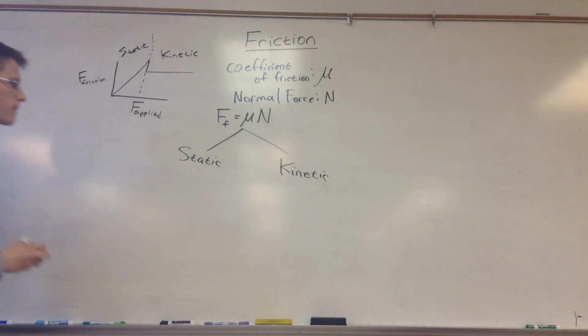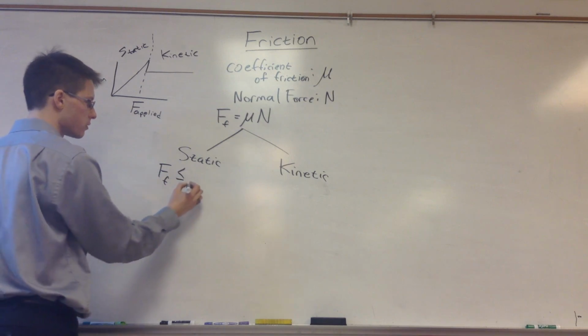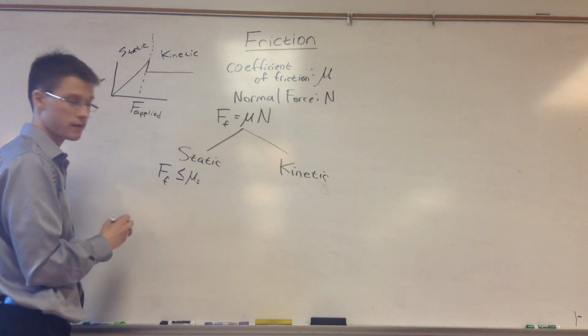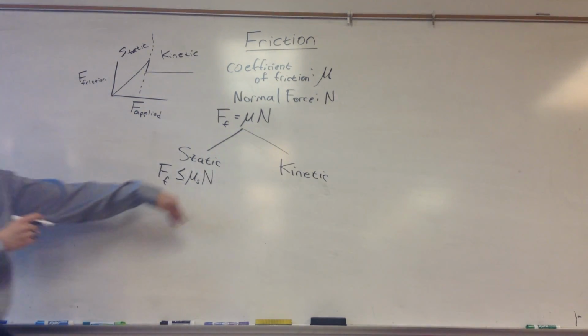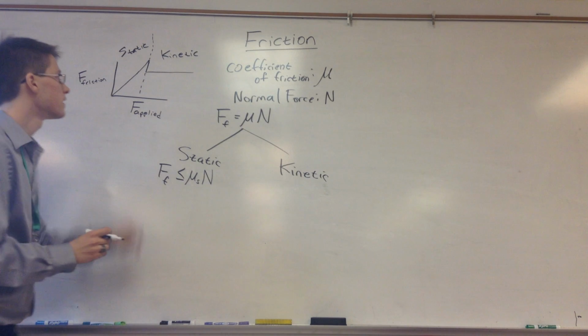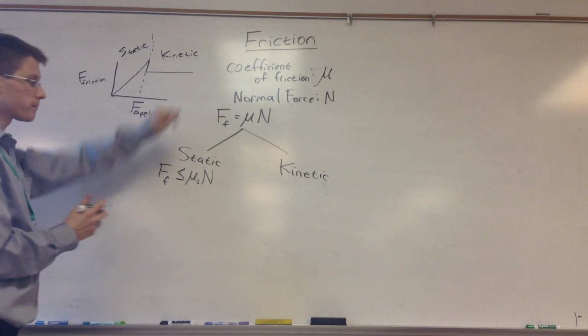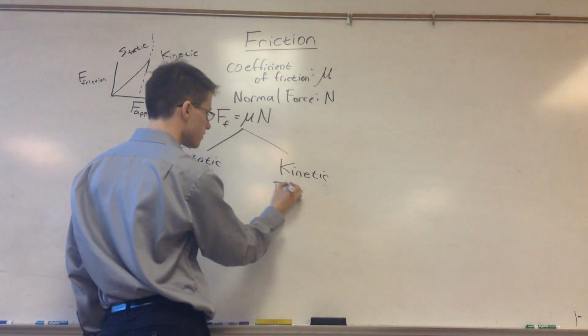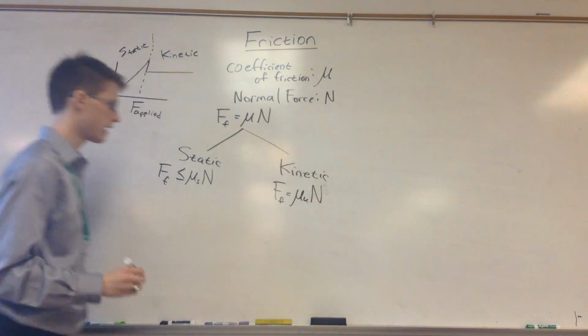Static friction can change. So the force of static friction is always less than or equal to the coefficient of static friction times the normal force. The coefficient of static friction is distinct from the coefficient of kinetic friction. And that's because static friction can have a greater maximum value than kinetic friction. Kinetic friction is equal to the coefficient of kinetic friction times the normal force, like that.